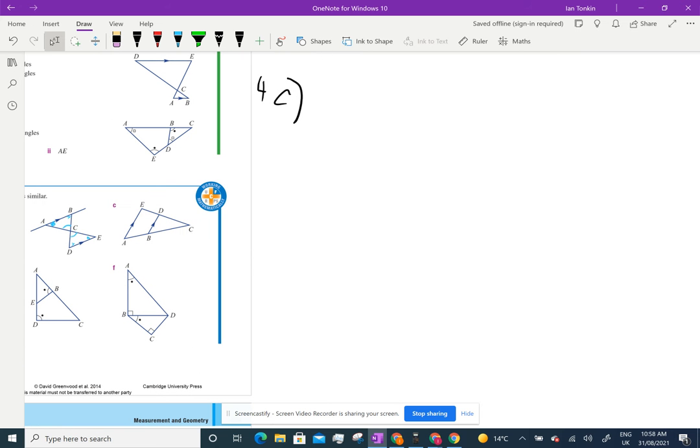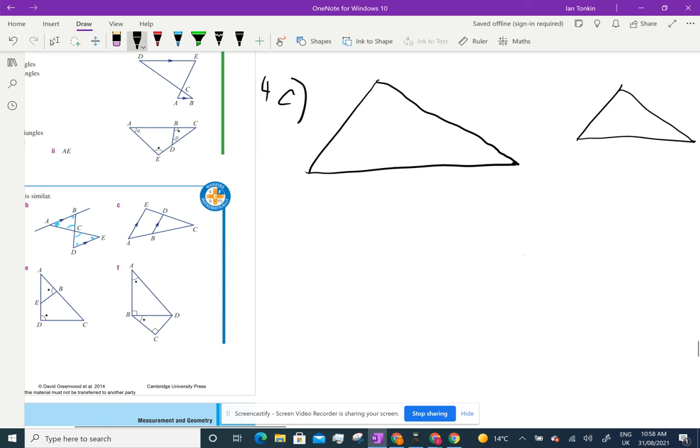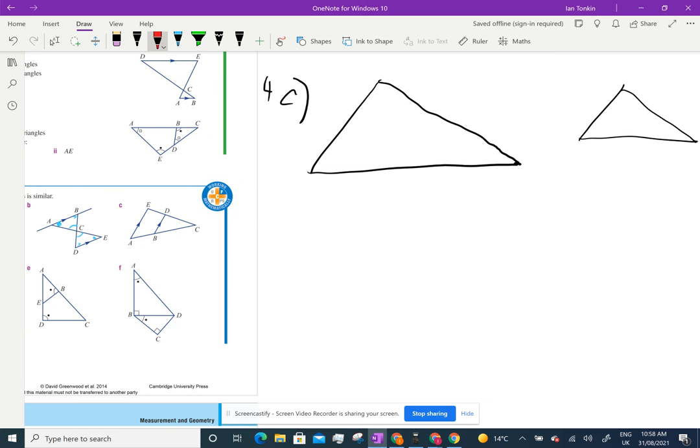So I'm going to draw them separately. So I'm just going to draw this little triangle, and then I'm going to draw the big triangle. Okay? So I'm going to draw the big one first, and then I'm going to draw the little one. I know they're not quite orientated that way, but that's okay.